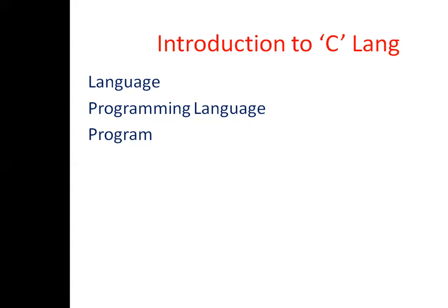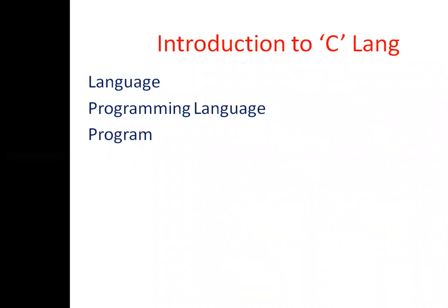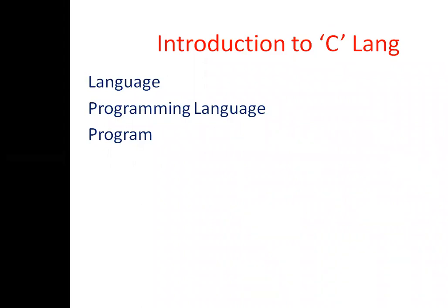To perform one single task, we combine multiple instructions in a group. That group of instructions is called the program. We can say that is the addition program or the sum program.